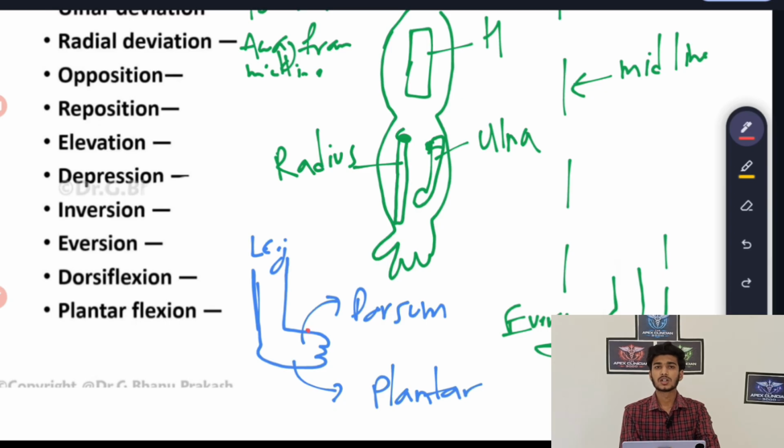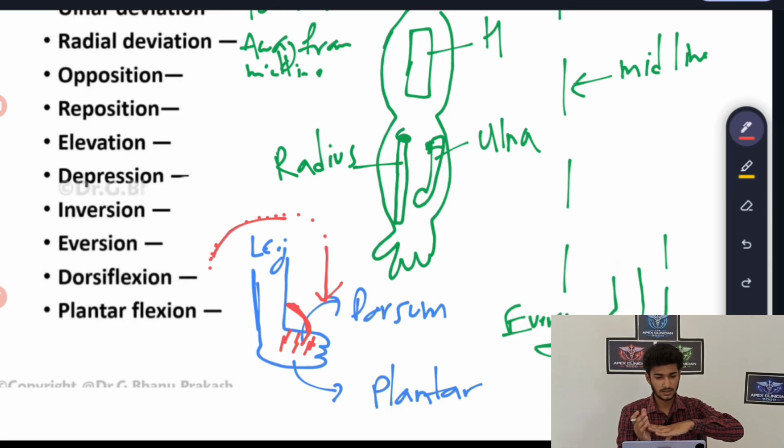Whenever the angle between the dorsum of the foot and the leg is reduced, I have told you what flexion is. Whenever the angle between the joints is reduced, it is called flexion. So whenever the angle between the dorsum and the leg region reduces, it is called dorsiflexion. And whenever the angle increases, it is called plantar flexion.